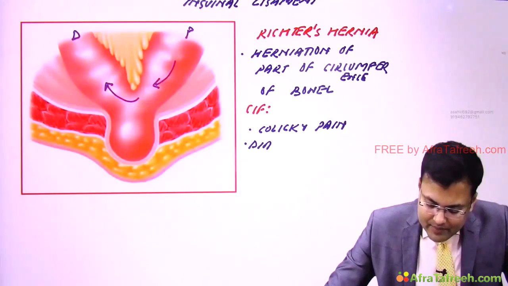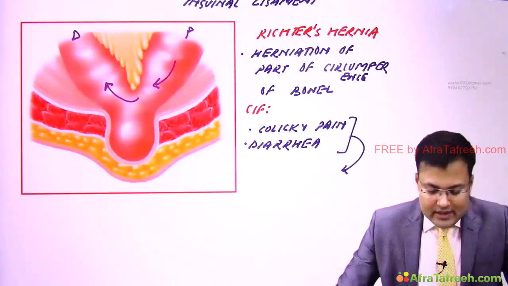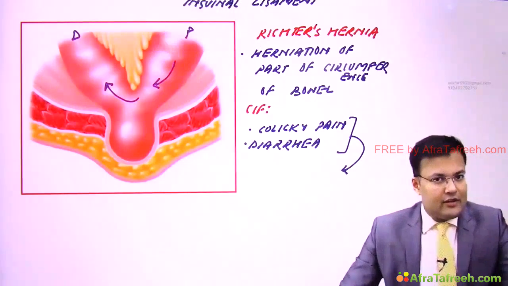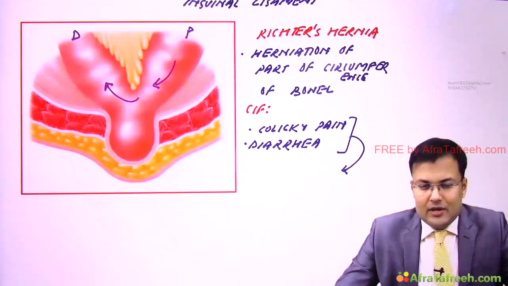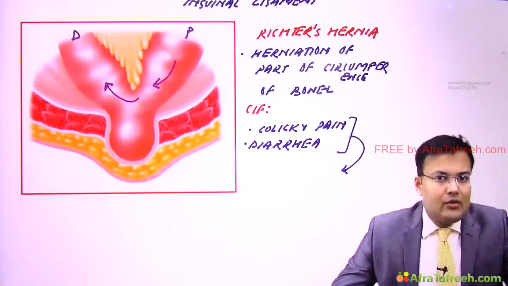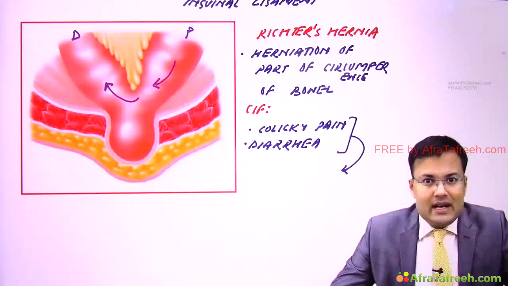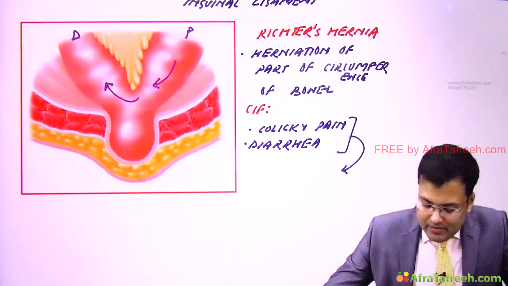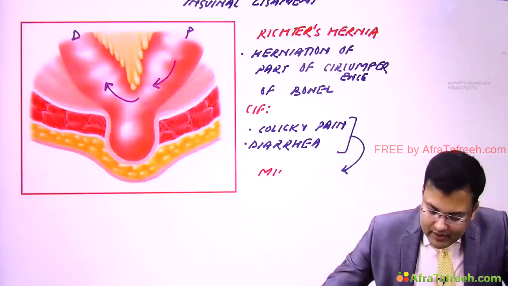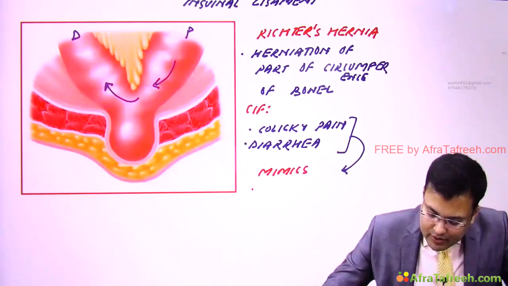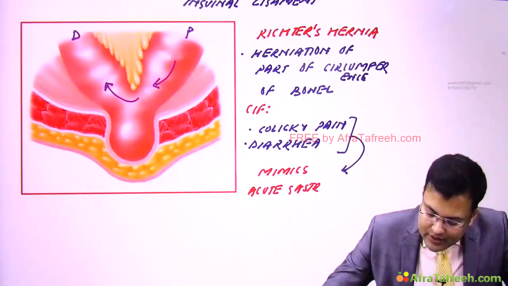Whenever these patients come to emergency, interns or whatever the resident is there, on the basis of clinical presentation and symptoms, the diagnosis of acute gastroenteritis is made. So it mimics acute gastroenteritis. And if it mimics acute gastroenteritis, what's the problem?